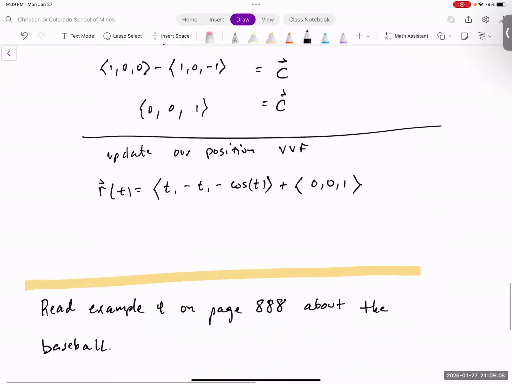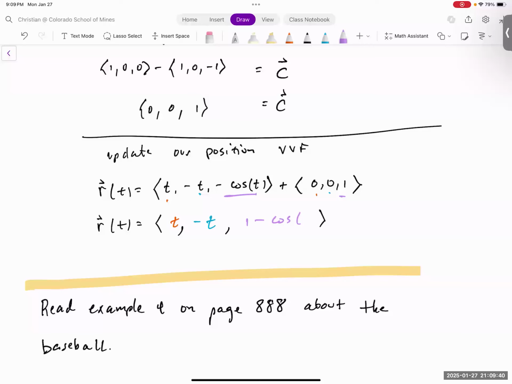So you could leave it like this, or you could put it together. That's t, negative t, and the last one, negative cosine t plus 1 is 1 minus cosine t. And then that should do it.